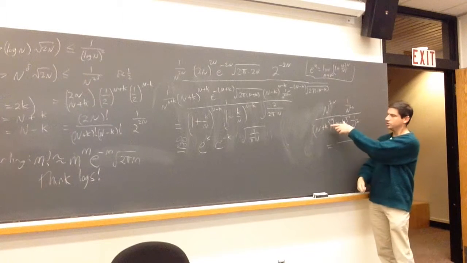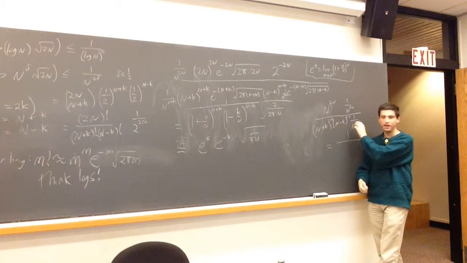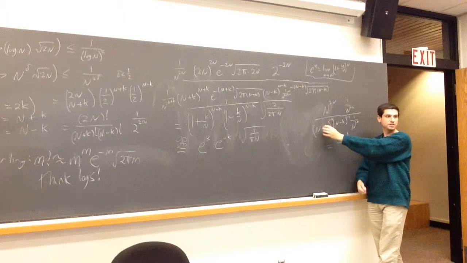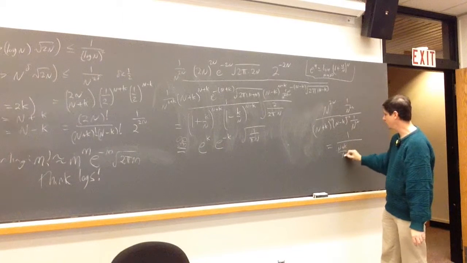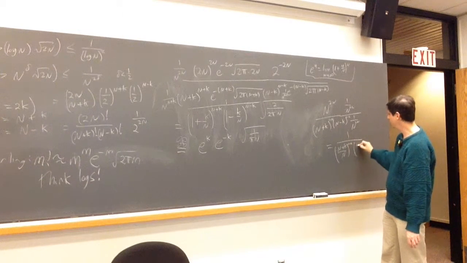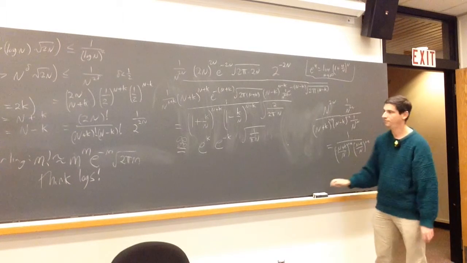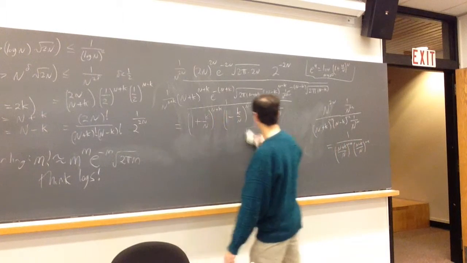We have 2n factors downstairs. I have 2n factors of n. I bring n plus k of them into the first piece. And so I'll have n plus k over n to the n plus k. And then the second one I'll have n minus k over n to the n minus k. So when we tried to do it too quickly, we made a mistake.